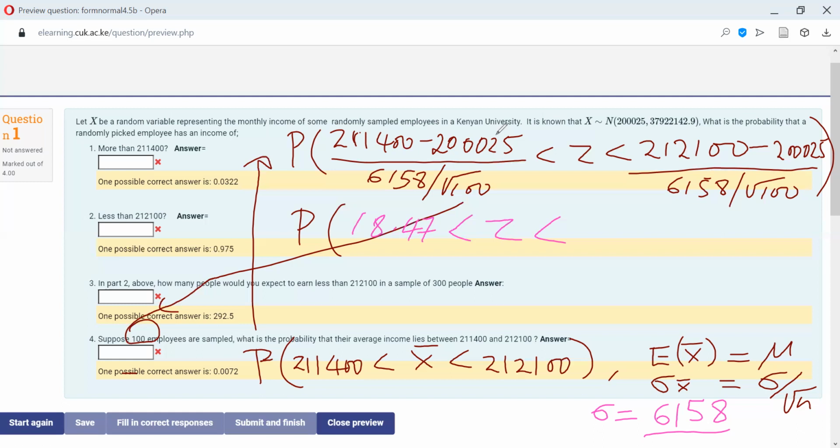That one is quite large. 21,100 minus 200, 0.25. This is 12,000 something divided by 615.8.